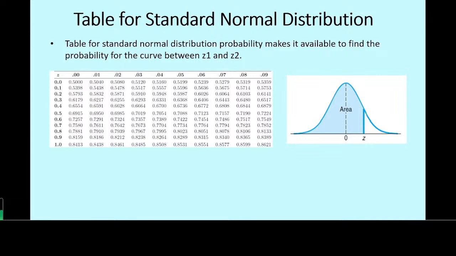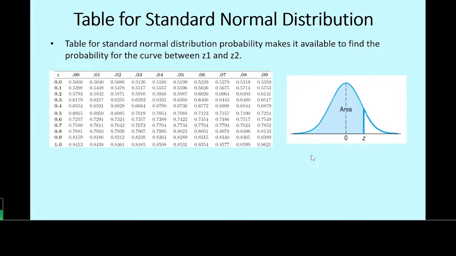This means about 81% of the values in this normal distribution are less than 0.88.